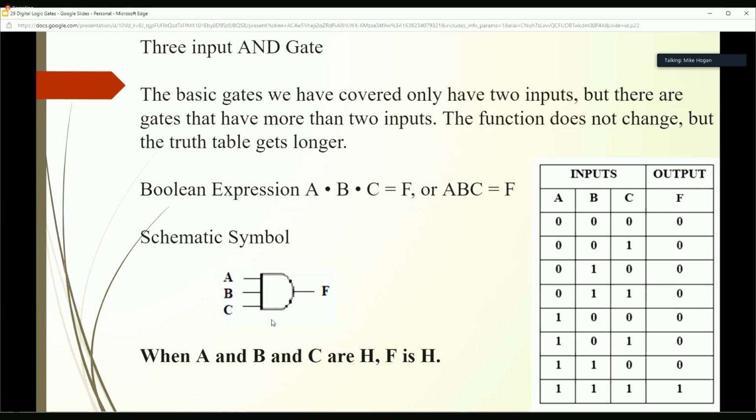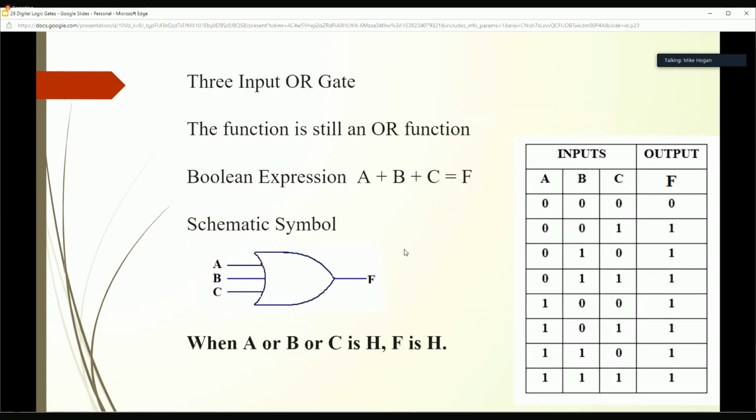For an AND gate, if I have more inputs, in order for me to get a 1 on my F, to get a 1 out, all of my inputs have to be high or 1s, right? Same thing with an OR gate. If I've got an OR gate, in order for me to get 1 out, one of my inputs, A, B, or C, has to be high.